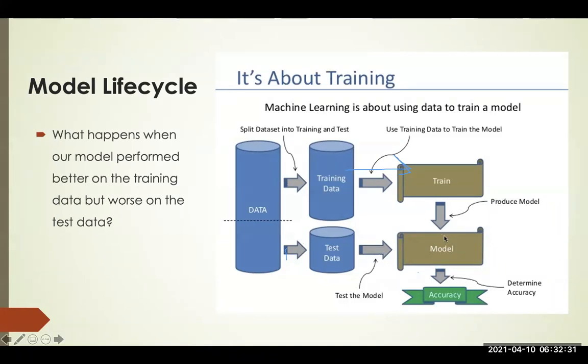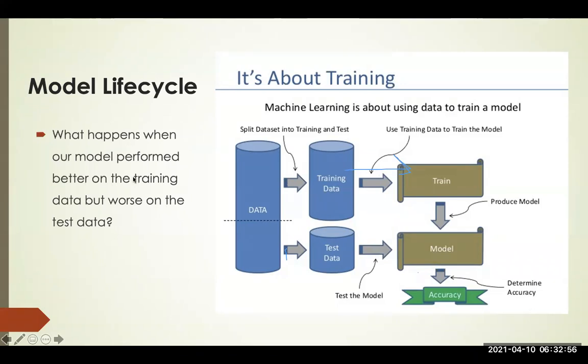It understands that it was built by this data, so by default, it will naturally perform well. But to validate that this performance is actually reliable, we now test it on a different data called the test data. And if that also performs well, that means your model is good enough.